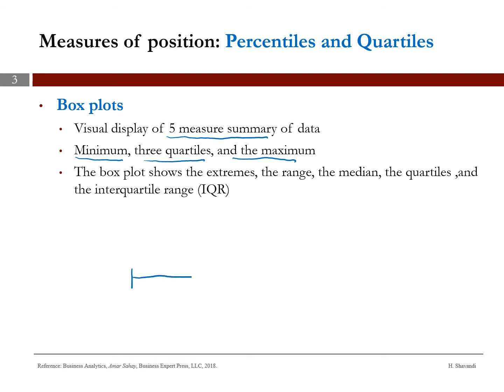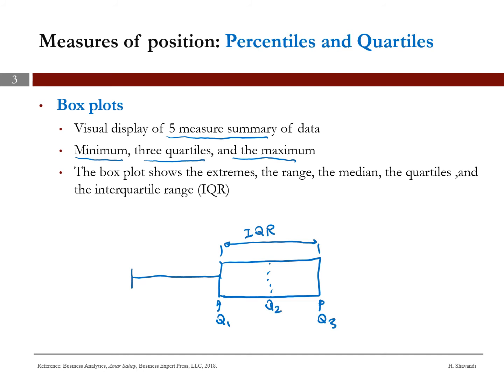This is the minimum, and this is the IQR or interquartile range. This point would be Q1, this point Q3, and the middle would be Q2 or the median. Here we have the maximum, here we have the minimum, and we have the range.